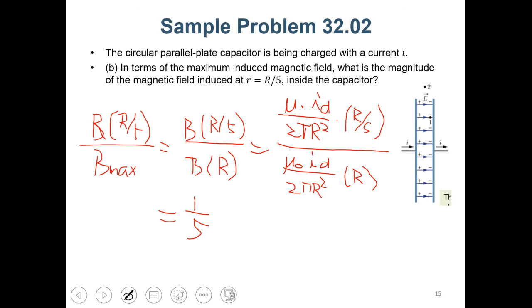So it turns out to be 1/5, which means that B at R over 5 is actually 1/5 of the B max.